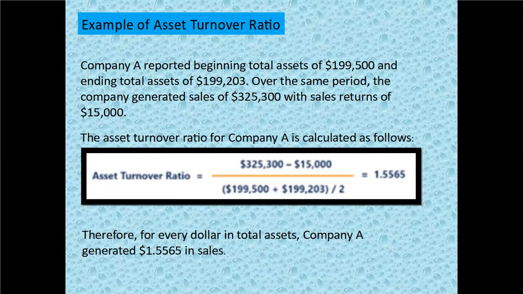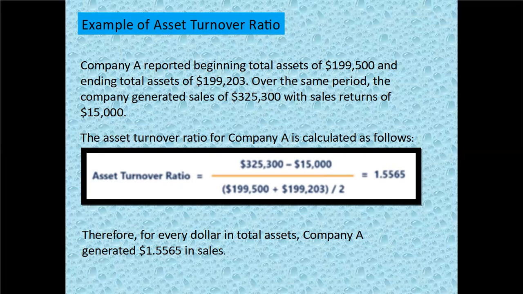All right. So the asset turnover ratio of the company is calculated like this. In the numerator, you have total sales minus the 15,000 sales return just to get the net sales. So we have to take out the sales return from that. And in the denominator, you have average asset: total asset at the beginning of the year and total asset at the end of the year.